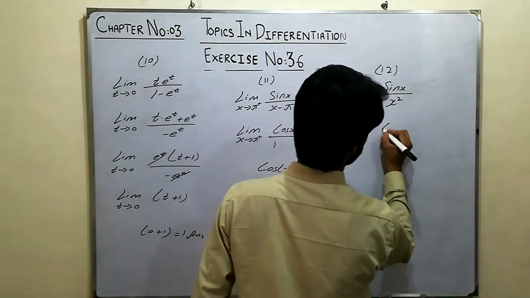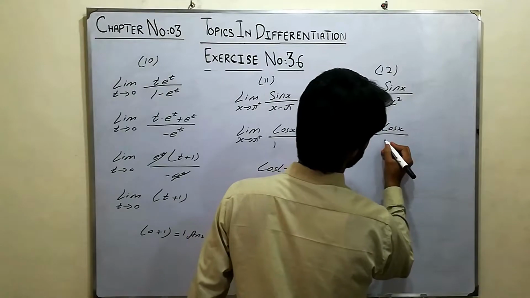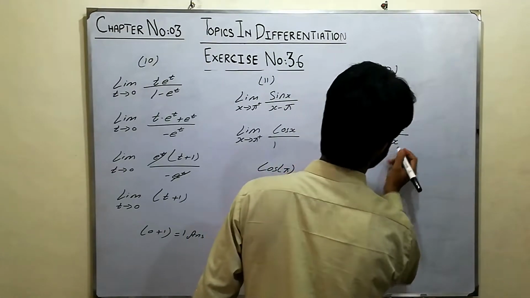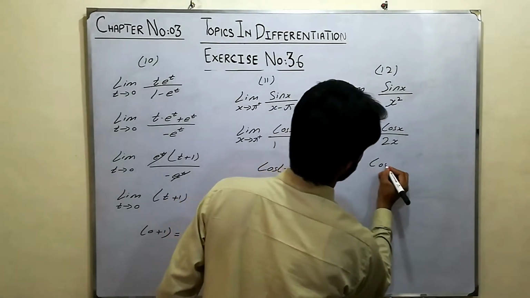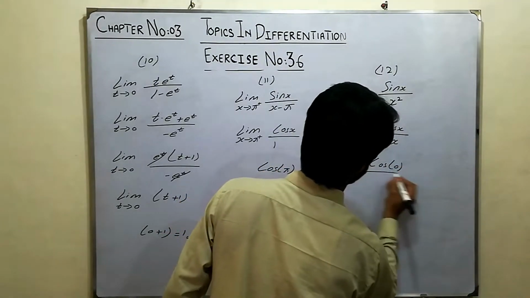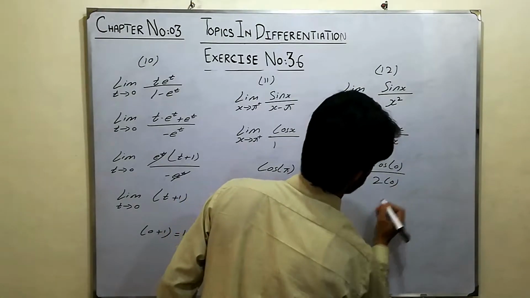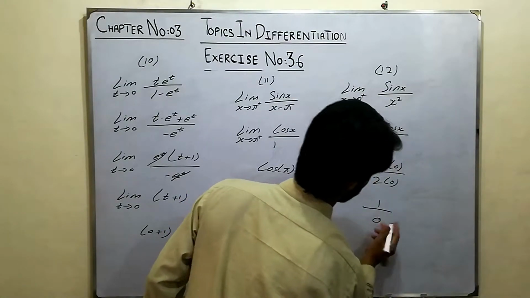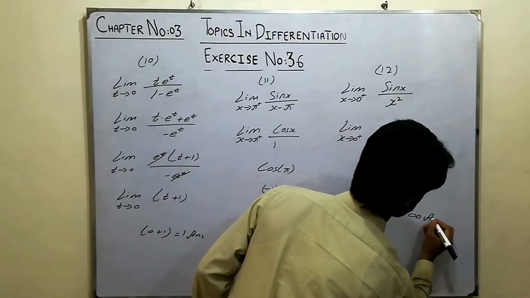The derivative of sin x is cos x, and the derivative of x squared is 2x. If we put the limit, we have cos 0 divided by 2 times 0. Cos 0 is 1. 1 divided by 0 is equal to infinity. So infinity is our answer.